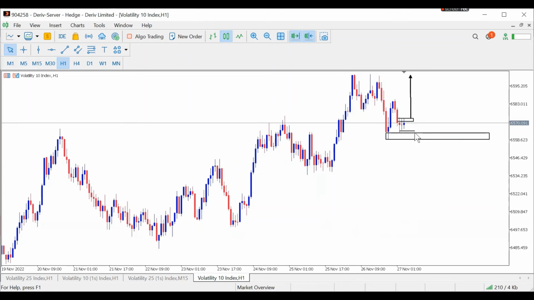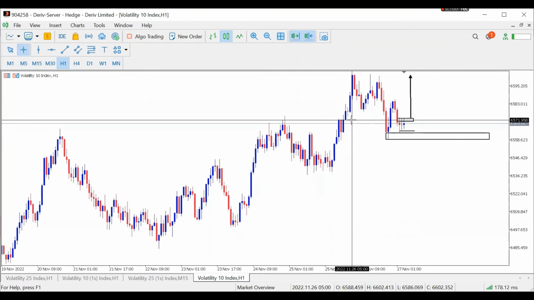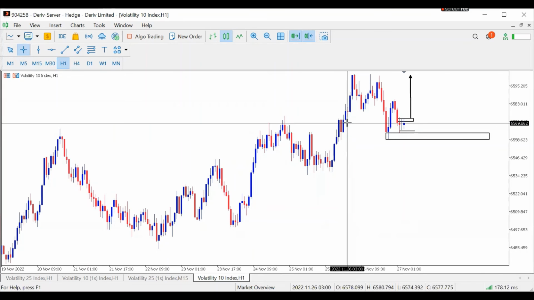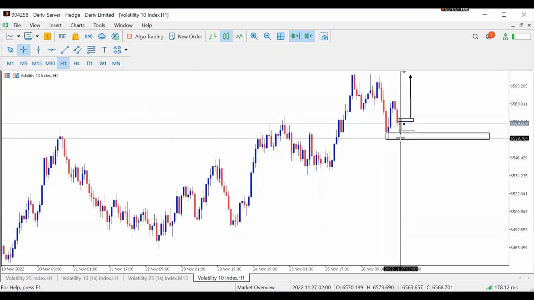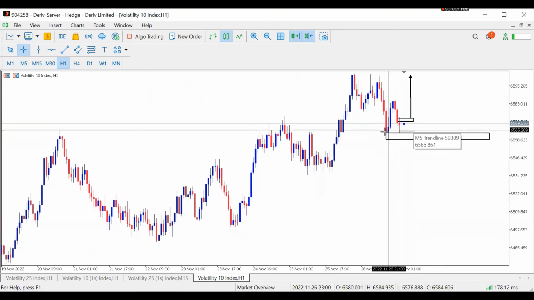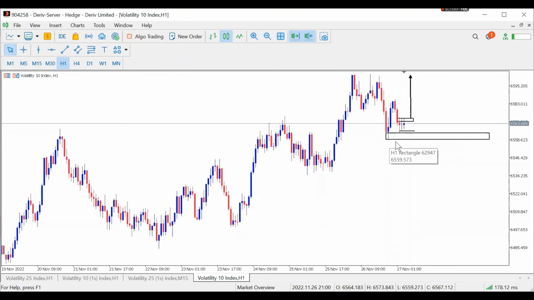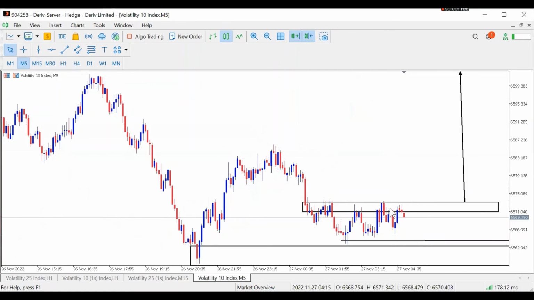One of the reasons why I wouldn't take this trade is that you see here, this was a zone and it was respected by this movement here. So we cannot consider this a fresh zone, so you don't trade something like this, but I was just showing you how to go about scalping when you're using a demand zone.